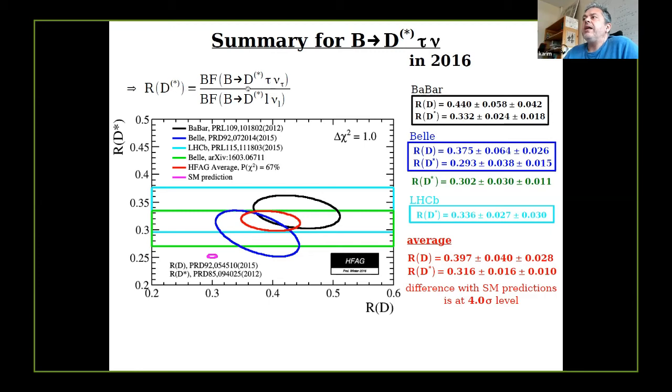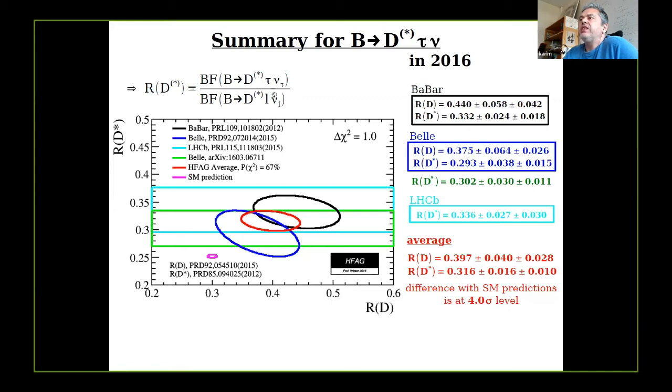So if you had the tau at the same mass as the lepton, this ratio would be 1. This would be the lepton universality. The tau, however, has a large mass of 1.8 GeV or so.